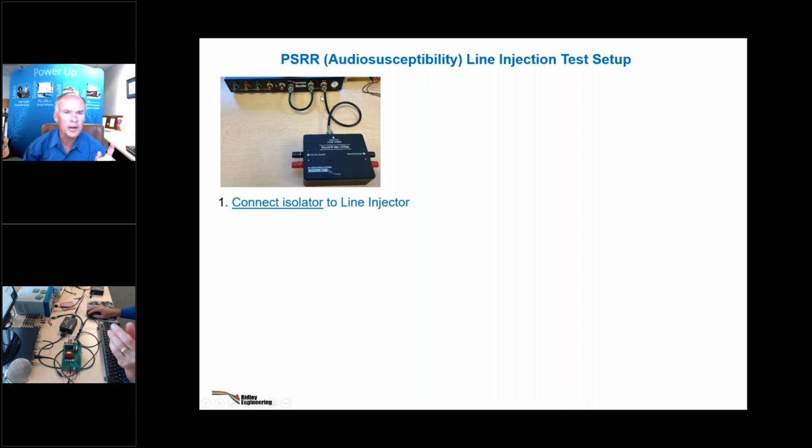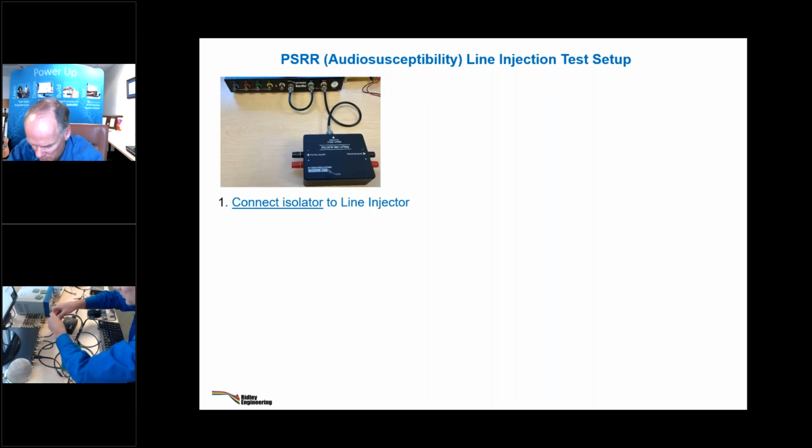Okay, so that's step one, connecting that to there. Cable. Right, input line, and then we have a probe to the output, and the other probe goes to the input.